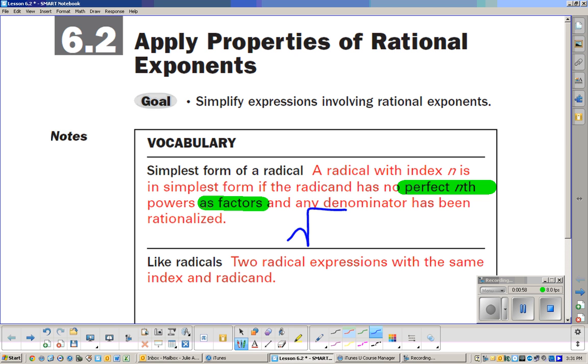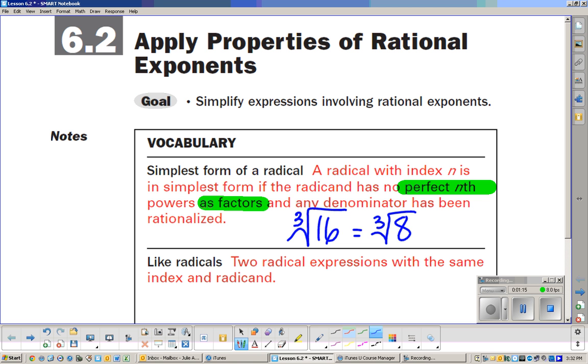For example, the third root of 16 is not simplified because 8 would go into 16 and it has a third root. That's what simplest form means.